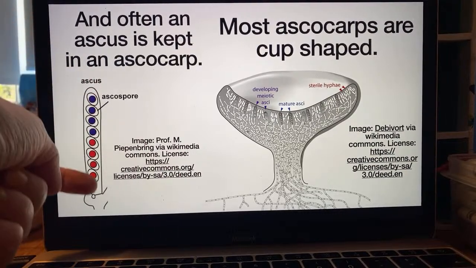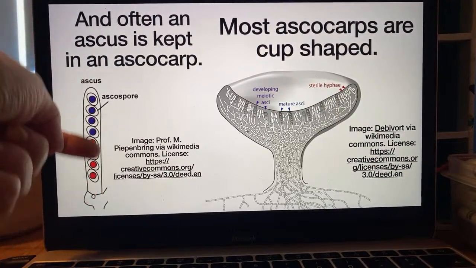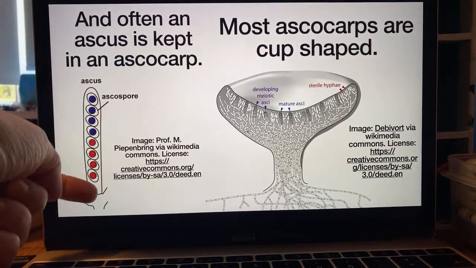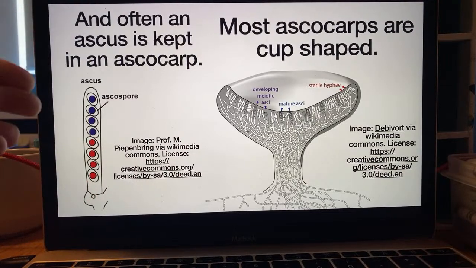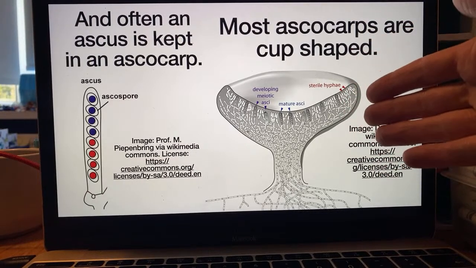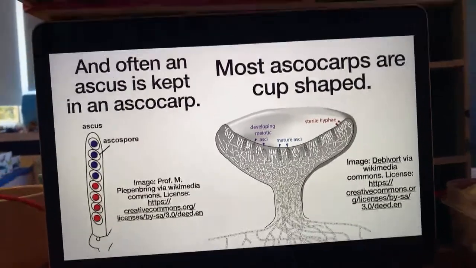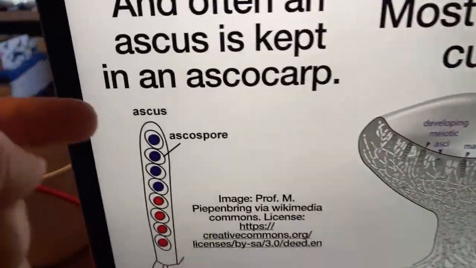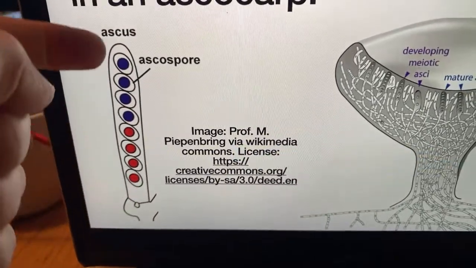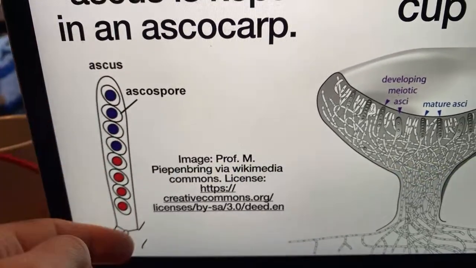And this ascus, this long finger sac type thing with the little spores inside, the ascospores, is often kept in an ascocarp. And most ascocarps are cup shaped. Okay, you've had all the words now, but that was a lot of words. So we've got an ascus, which is a little sac-like cell that sort of looks a bit like a finger.